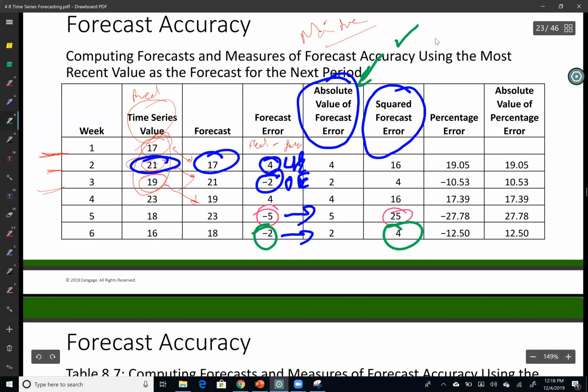However, the problem with absolute values is that it's harder to work with absolute values mathematically than with squares, because, for example, if you take the derivative of a square, it's much easier: x squared derivative is 2x. That's why in regression, for example, to find the best fitting line, we use mean square error, which is based on squared forecast error, MSE.